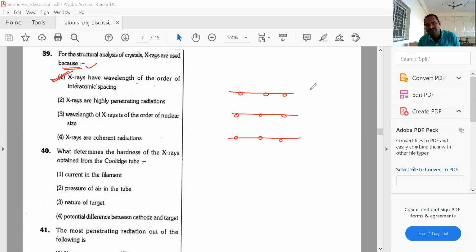First layer, second layer, third layer. X-rays will fall on this and scatter like this. The spacing between these two is d. When these X-rays are incident at an angle theta, we know 2d sin theta should be equal to n lambda.